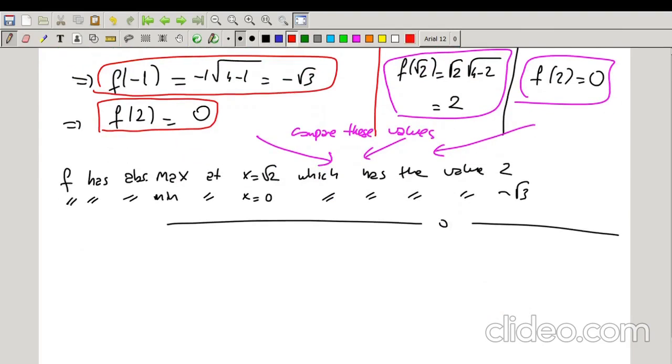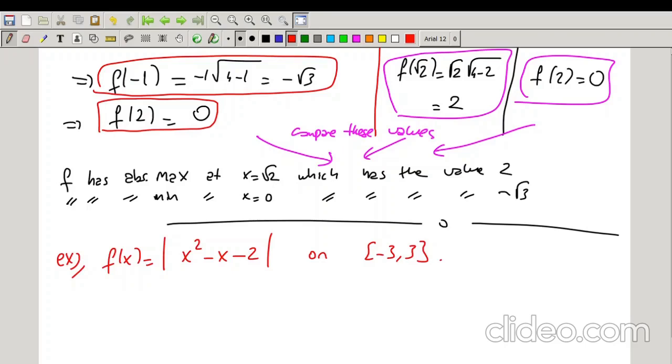Okay, I have another example. f of x is given as the absolute value of x squared minus x minus 2. This is given on the interval minus square root of 3 and 3.